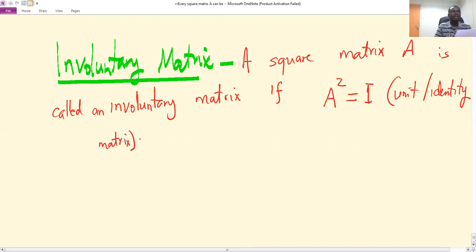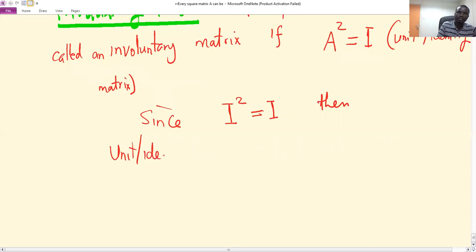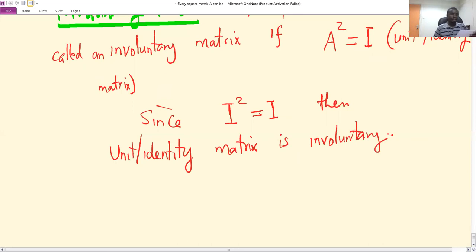If you are able to get a matrix whose square is the identity, then we call that matrix involutory. Since I squared is the same as I, the unit or identity matrix is involutory, because when you multiply it by itself, you get the identity matrix.